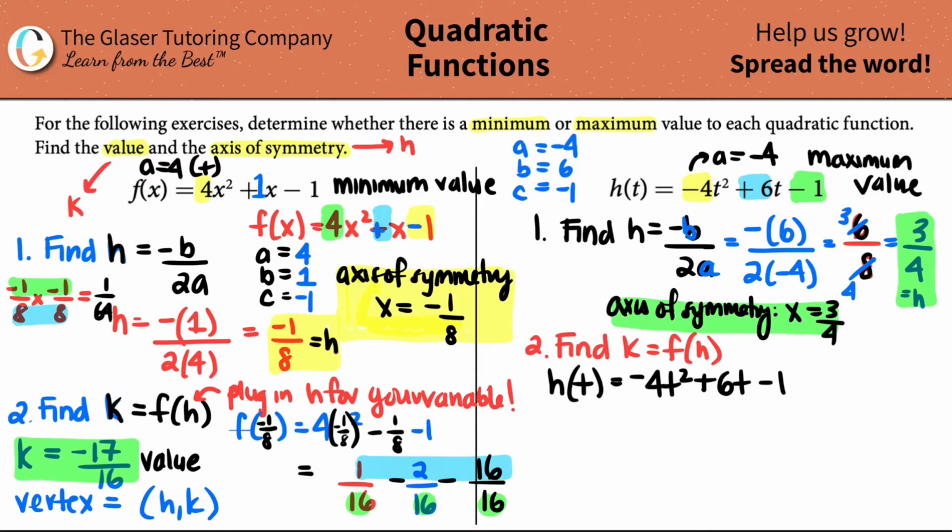But my h value was 3/4, so for all of the t values, you're going to plug in 3/4. So this would be negative 4 times 3/4, all squared, plus 6 times 3/4, and then minus 1.